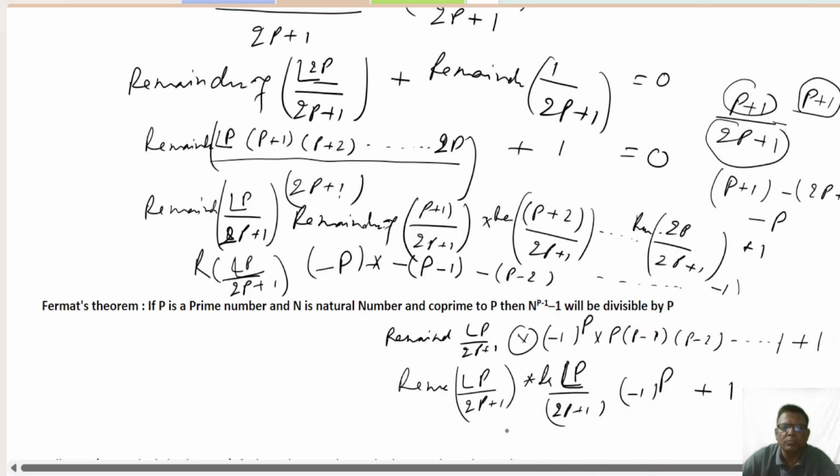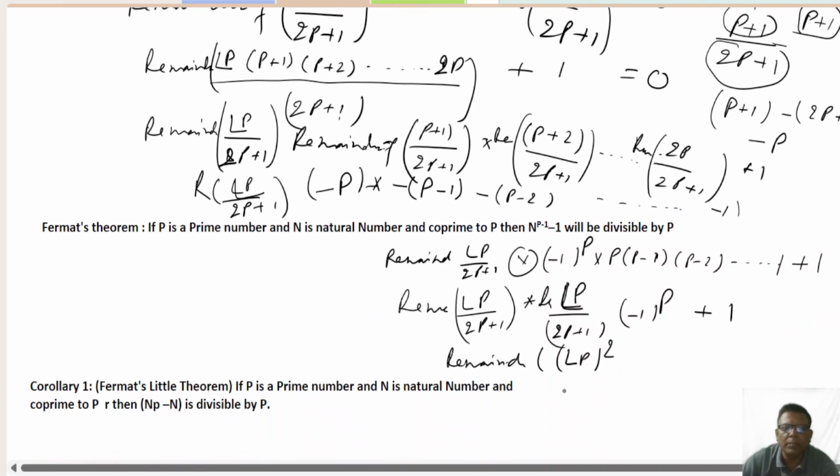So this will be the remainder of factorial p the whole square, divided by 2p plus 1, multiplied by minus 1 to the power p plus 1, should be 0. So this also can be further modified: the square, divided by 2p plus 1, plus minus 1 to the power p, is equal to 0.